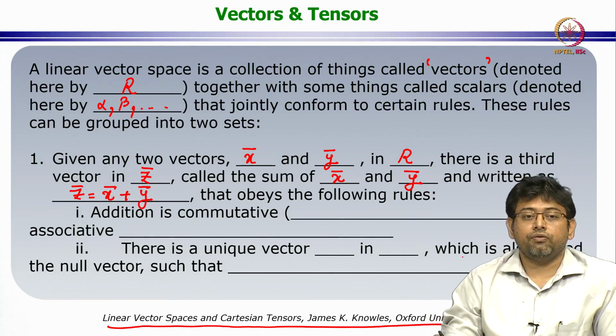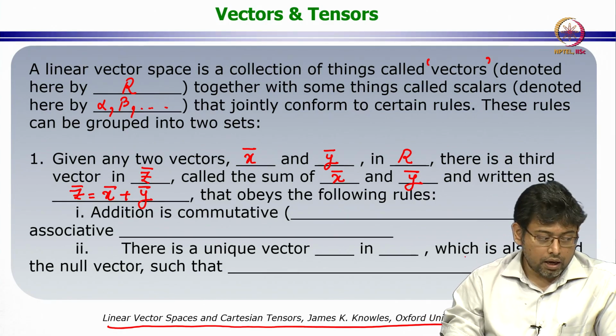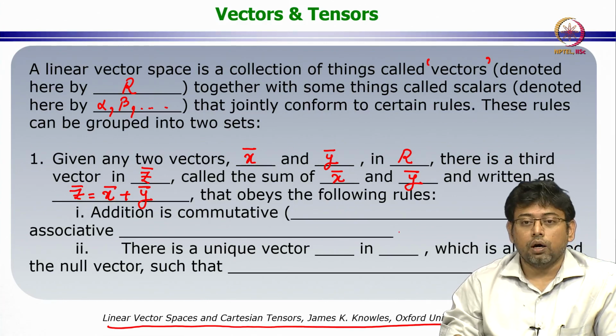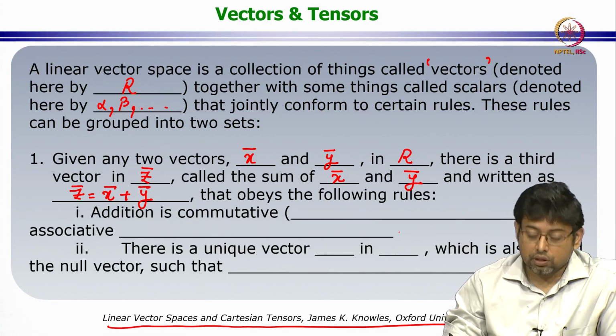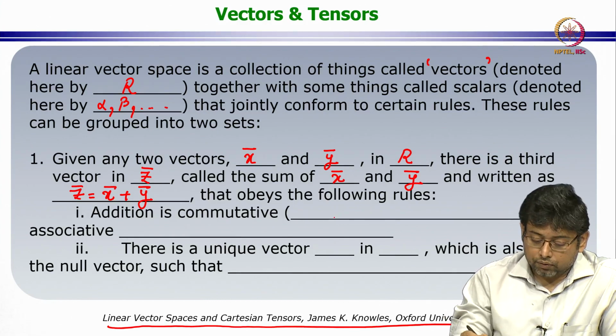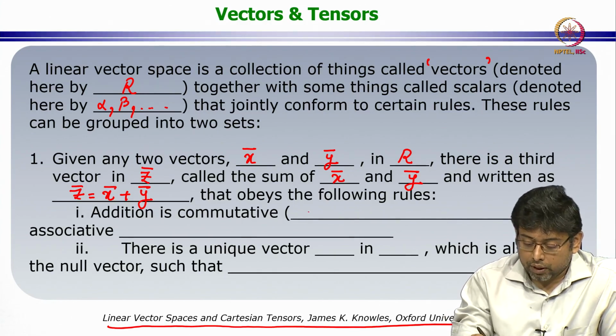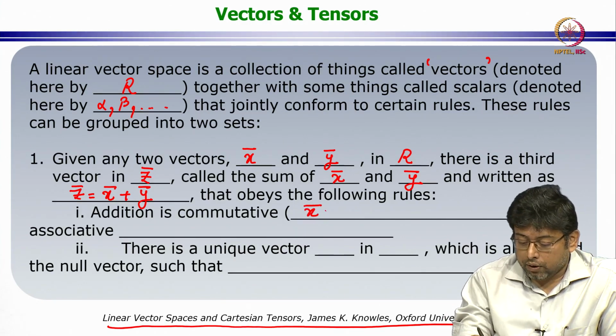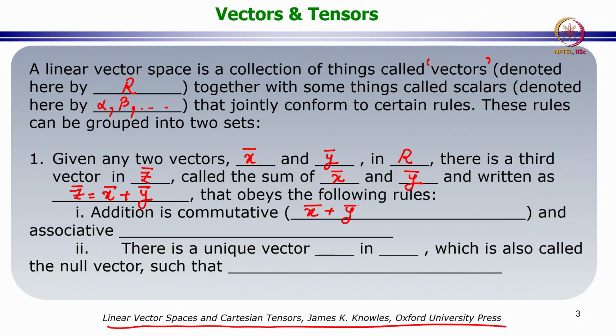So we are trying to define something called the sum, and here we are going to force it to obey certain rules. And the first thing is that the addition is commutative. So if I do x plus y, that is the same as if I do y plus x. Okay. And this addition is also associative.